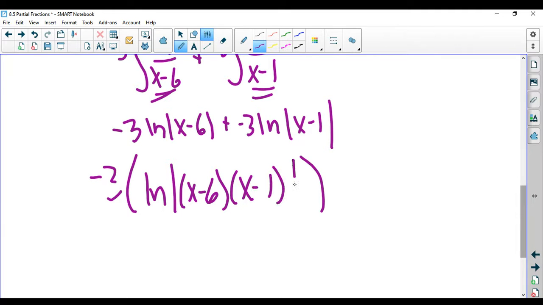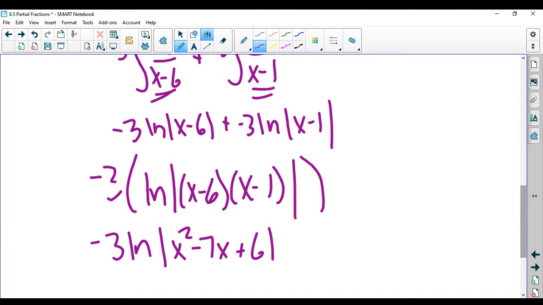And then you could also just multiply that out. And you can also raise that to the negative third if you want to do that, but we won't.